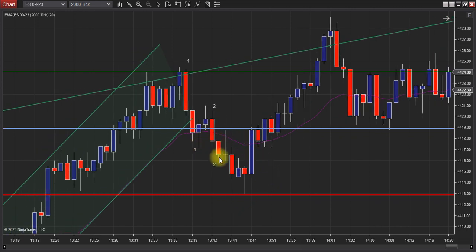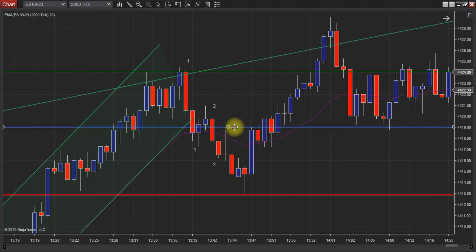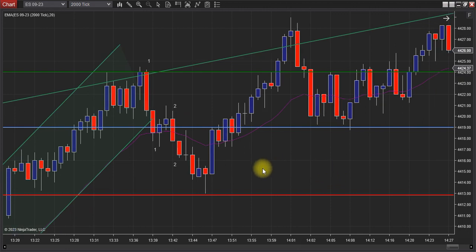So 1, 2, bears become trapped. Their stop losses are here now. So I can, as a bull, take my order and place it right here where the bear stop losses are to get filled for a nice move up.